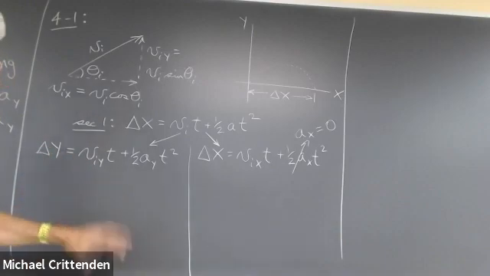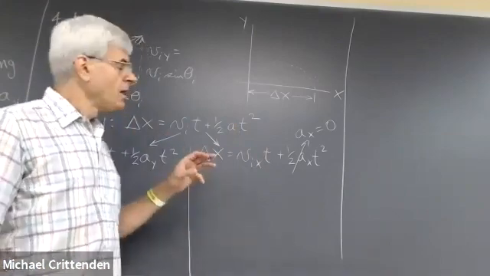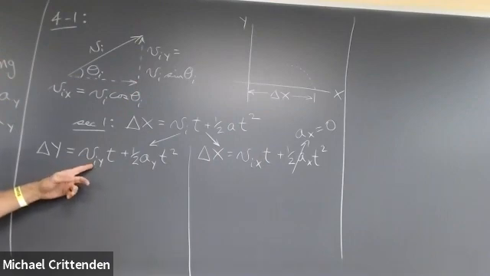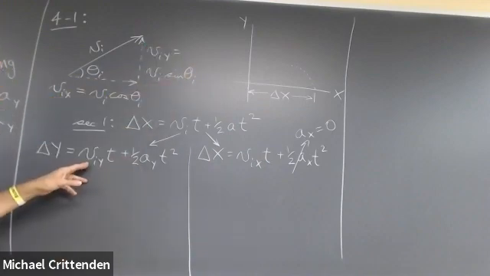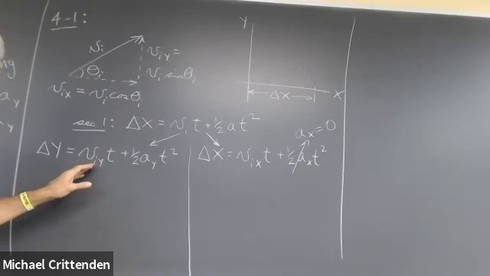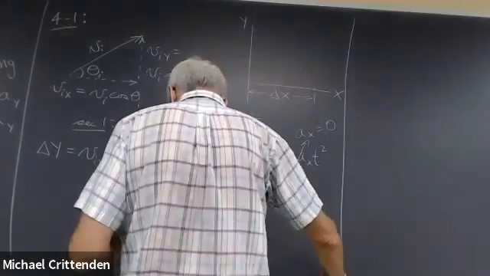And then once you know the time, you stick it in there and it's good. So what I'm going to do for the next few lines is keep writing v initial y, because it's quicker and easier than writing vi sine theta I. But keep in mind that this is supposed to be something we know, okay? Filling in other things that we know.